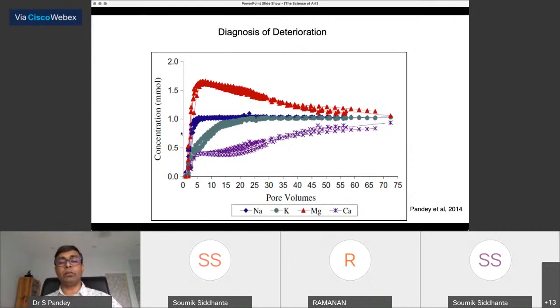So if you look at this diagram here, this is calcium, this is magnesium, this is potassium, and this is sodium. So what we did, we used 1 millimolar concentration of salt. We flowed it through the stone sample, and we noticed that sodium is the first one to achieve equilibrium, which means the stone as a system throws out sodium salts faster.